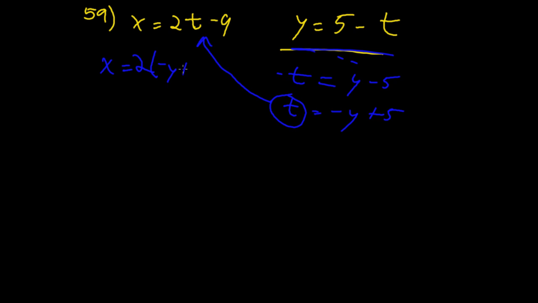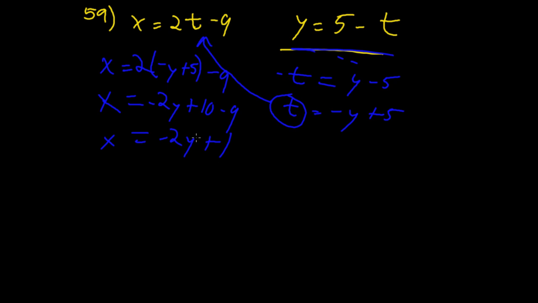So 2 times negative y plus 5, and then minus 9 for the second part here. So now we can just distribute. That'll be equal to negative 2y plus 10 minus 9, which is equal to x. So we'll have negative 2y plus 1.